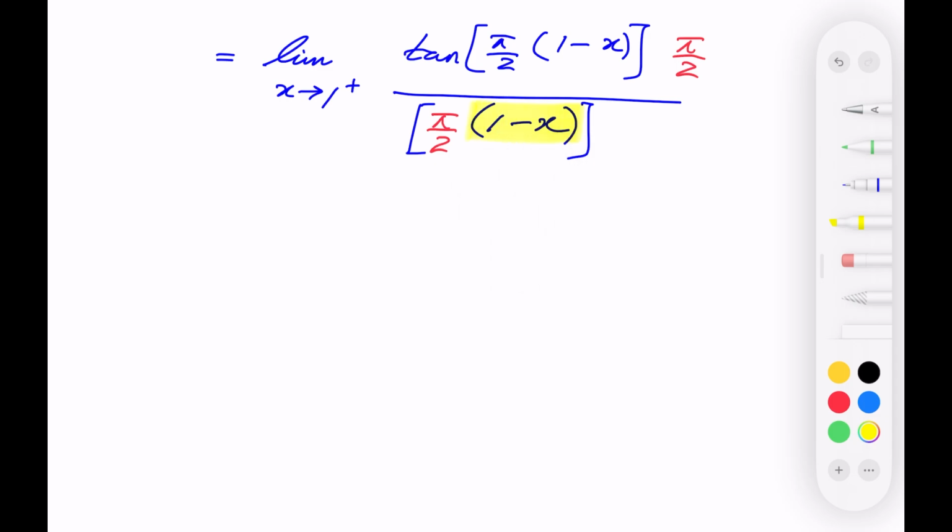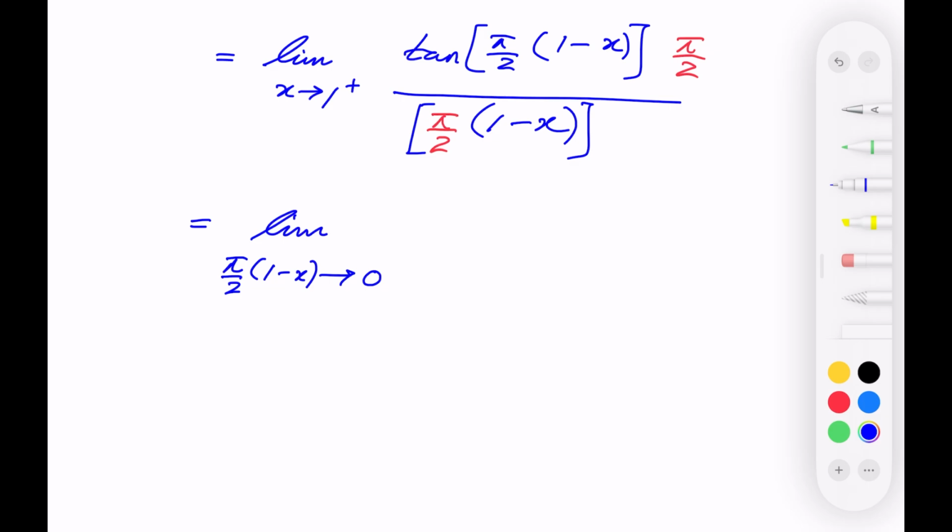If your x is approximately equal to 1, 1 minus x should be approximately equal to 0. No matter what you multiply 0 by, the answer will be approximately equal to 0. Therefore, we can argue that the limit can also be written this way. Limit pi over 2 times 1 minus x approaches 0.